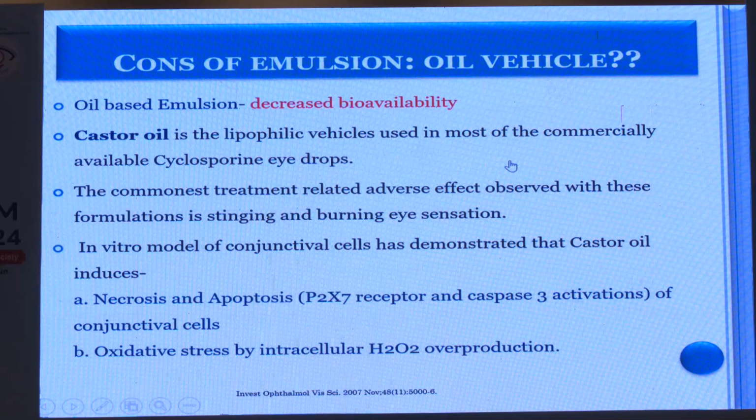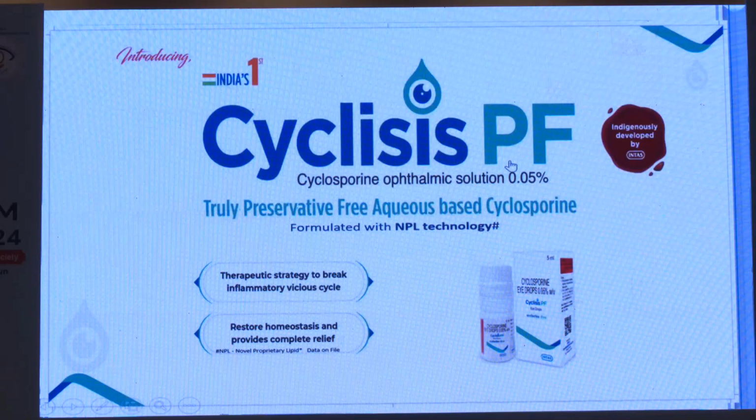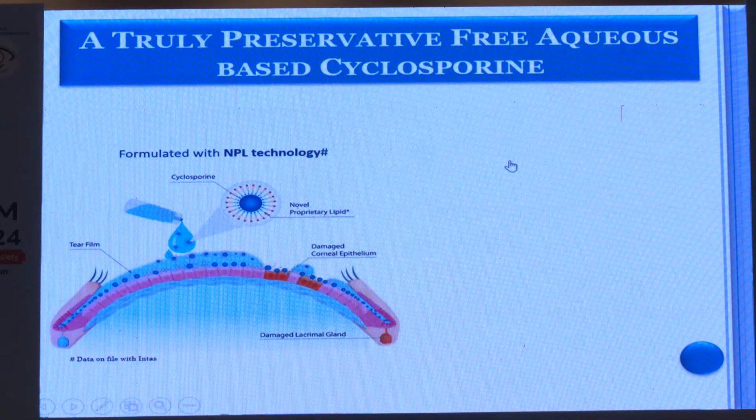There are some oil-based formulations present in the market, which are emulsions, and they have decreased bioavailability, and they do cause some degree of stinging as well. And the preservatives also cause stinging. So this is one product which is preservative free. This PF stands for preservative free, and this is an aqueous formulation which has been very nicely presented by Dr. Amit and Dr. Namrata.